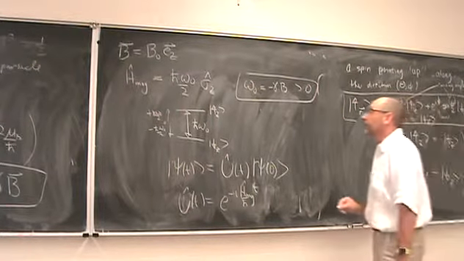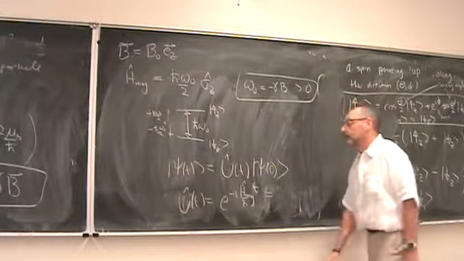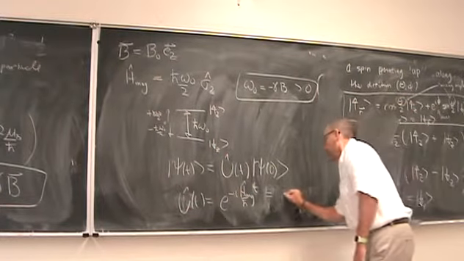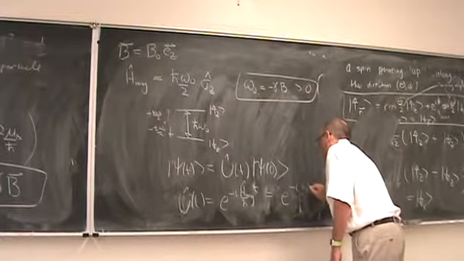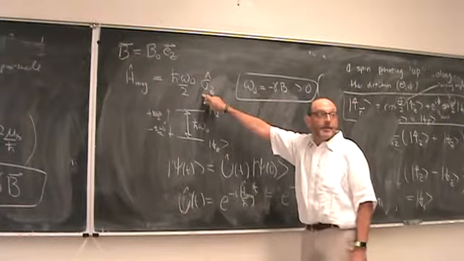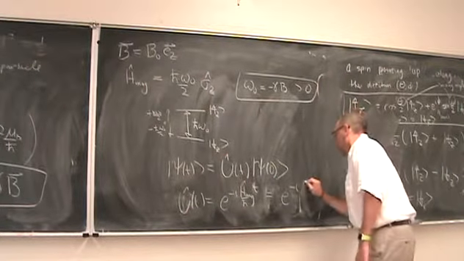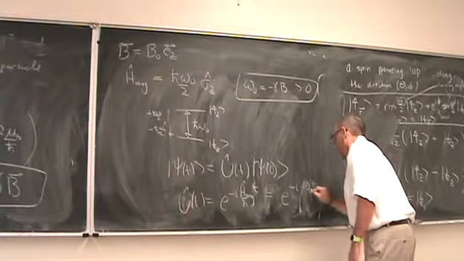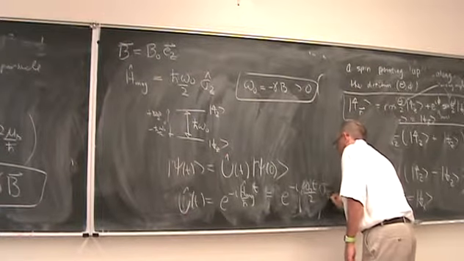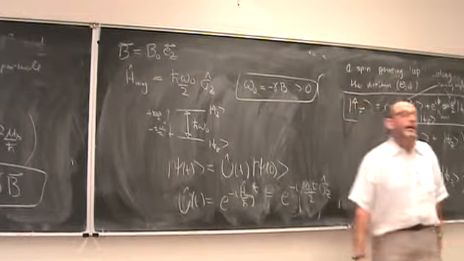So what is this equal to? It's equal to e to the minus i, plugging in this Hamiltonian, omega naught t over 2 sigma z. What is that operator?